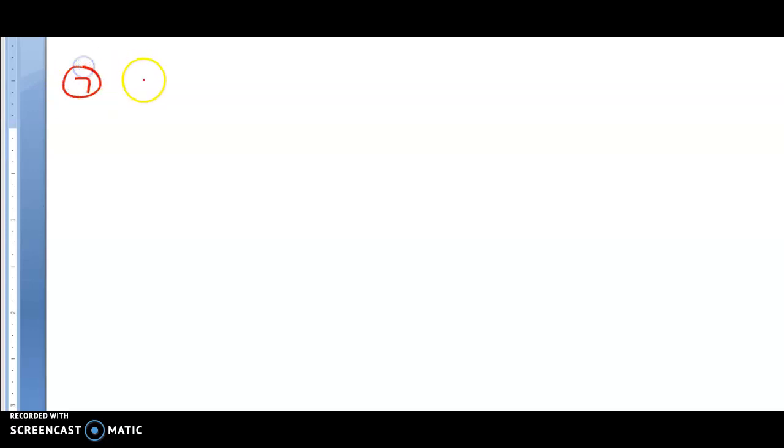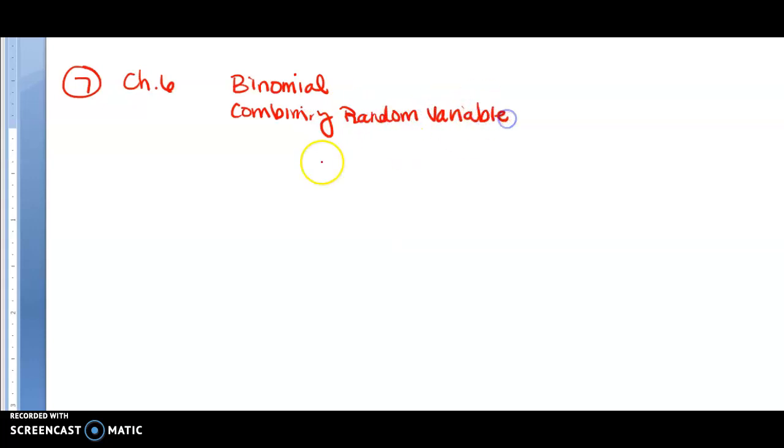Question number 7 is from chapter 6. It's a two content question. It's a binomial situation as well as combining random variables. The first part is binomial because you have to figure out the expected number of silver candy wrappers.